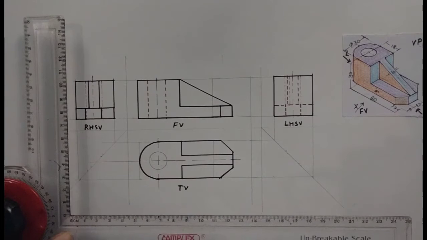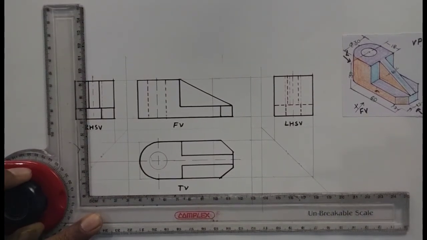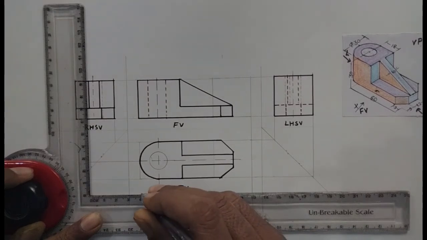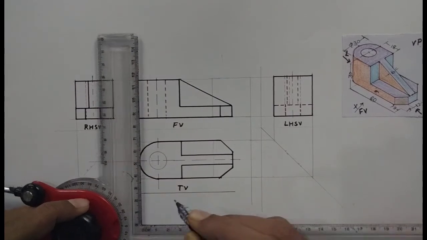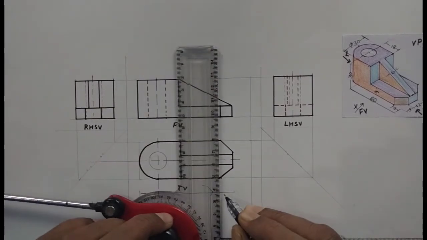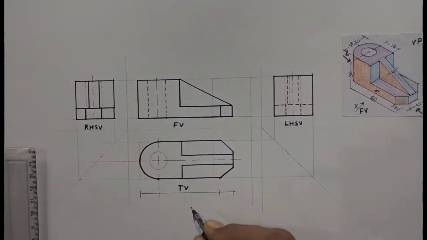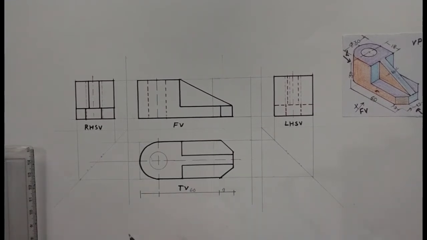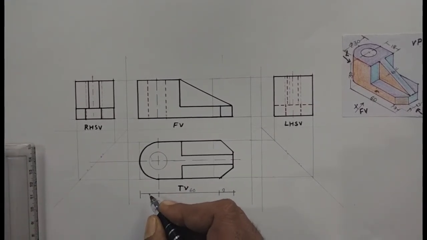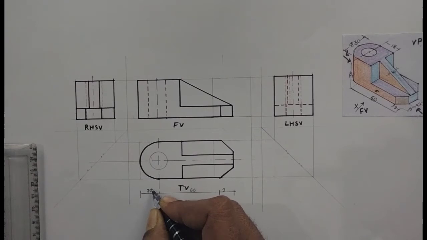You can show it with dimensions. First I show the dimensions in the top view with a dimension line. So this entire length is 60, then 9, and this is 30 mm. 15, sorry, this is 15 mm.